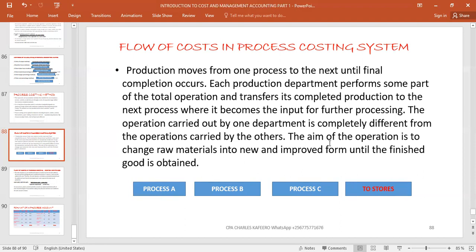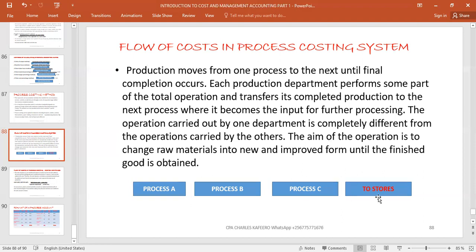And the main aim as to why we are going through these operations is we want to change the raw materials into finished goods. And how are we converting these raw materials into finished goods? By adding conversion costs. We say that conversion costs are the costs that help in the conversion of raw materials into finished products.